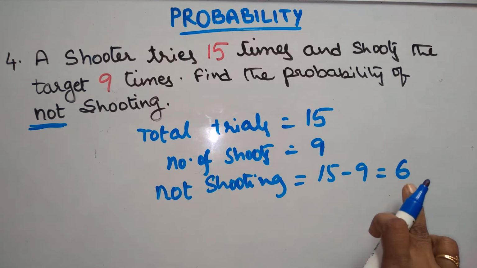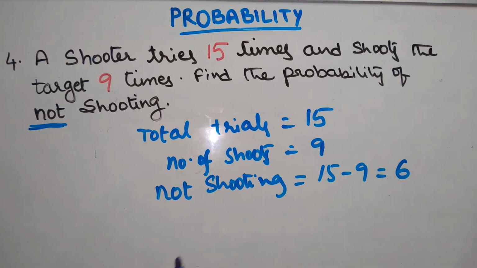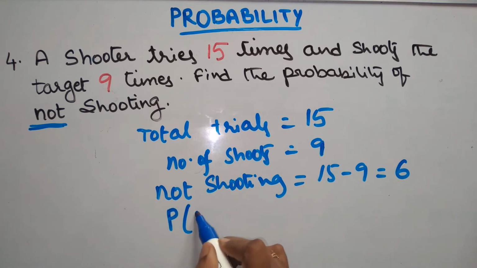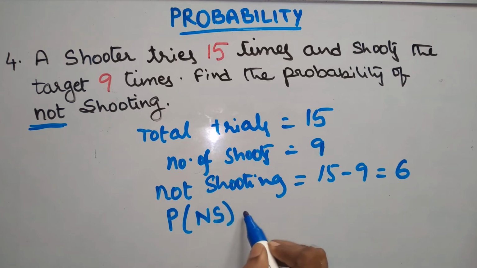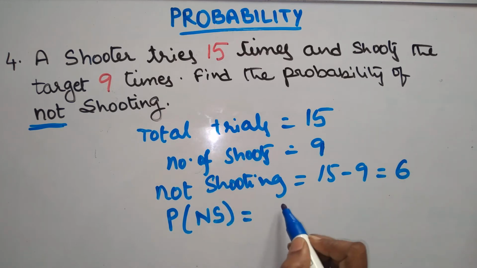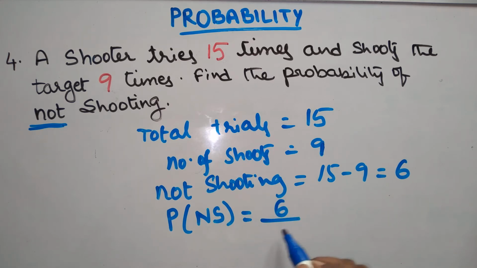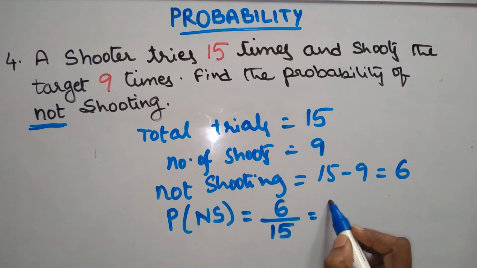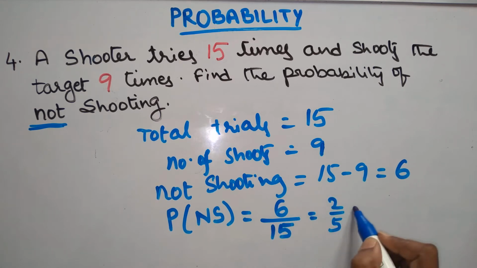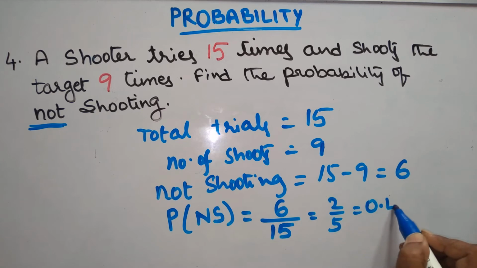Now we need to find the probability of not shooting the target. Probability of not shooting is equal to number of times he missed the target, that is 6 times, by the total number of times he tried, that is 15. 6 by 15, that is 2 by 5, that equals 0.4.